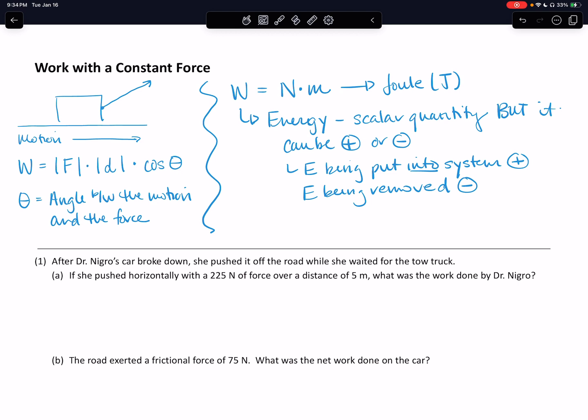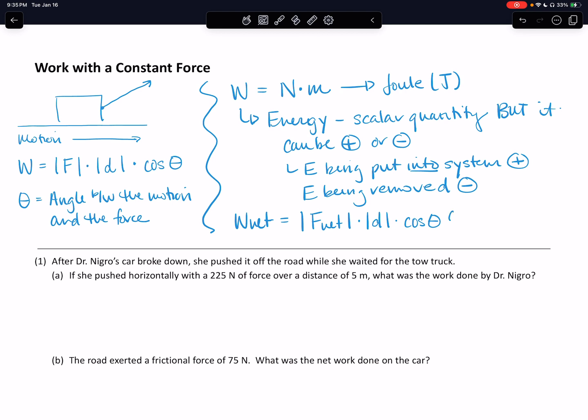Now with that idea, Fnet, we also do talk about the net work that's done on our system. There are two ways to calculate it. One, we could use Fnet. So say we look at our free body force diagram and determine all of the forces acting on our object. We can calculate Fnet, and then we can multiply that by the displacement and the cosine of the angle between that net force and our motion.